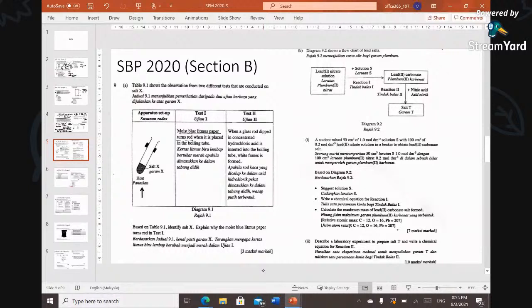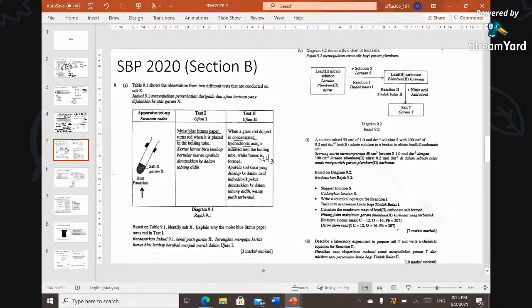And then test 2, when a glass rod dipped into concentrated hydrochloric acid is inserted into the boiling tube, white fumes are formed. Okay, so white fumes, when you put in hydrochloric acid and there is white fume, it means definitely it's supposed to be NH4 positive ion and the gas involved over here is NH3.